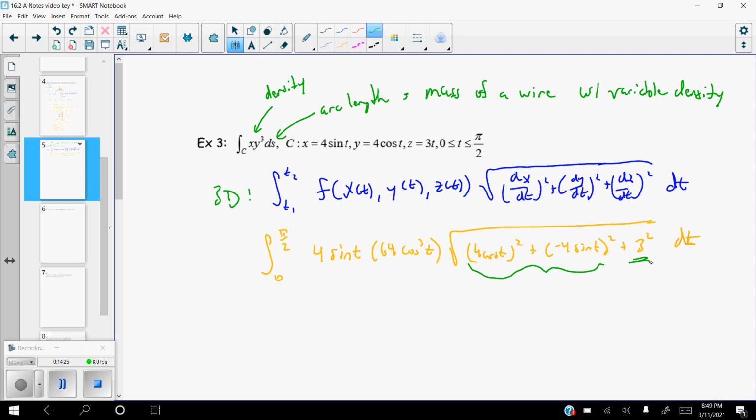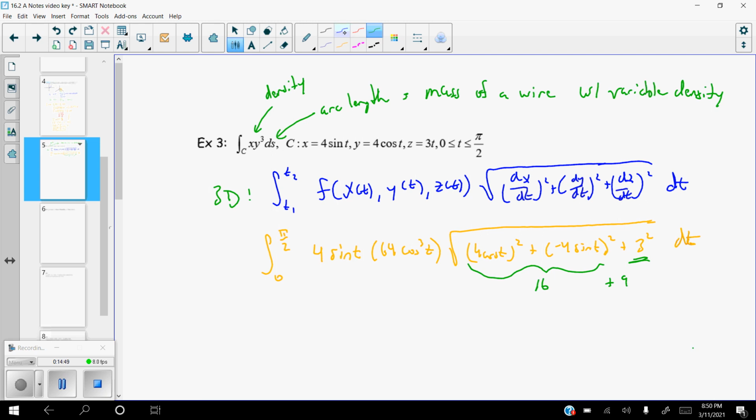This part is going to give us 9. And 16 plus 9 is 25. Wonderful. The square root of that is going to be 5. I'm not going to write all of that out, but that's what it's going to be. So this part is 16, that part is 9, and the square root gives you 5. Perfect. That's a constant. I can pull it out to the front.